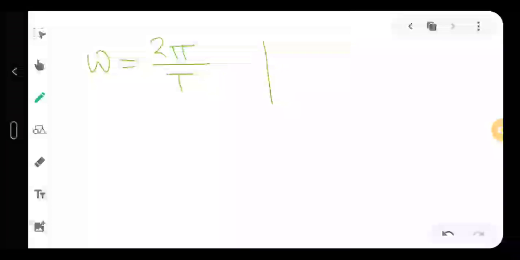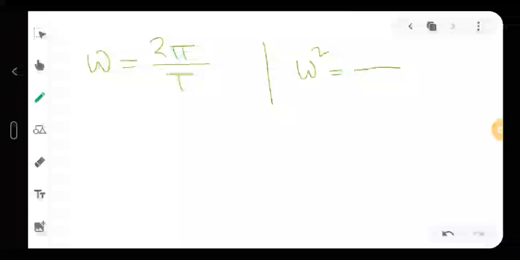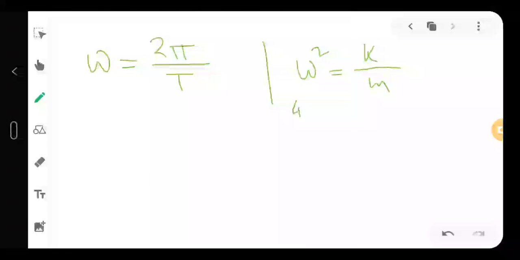Now let me write this thing, that omega is 2 pi by T, that we all know. Also we know that omega square is equal to k by m. So I can write that omega is equal to root over k by m.